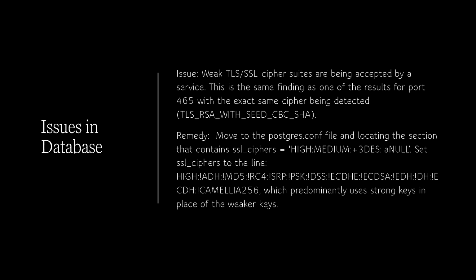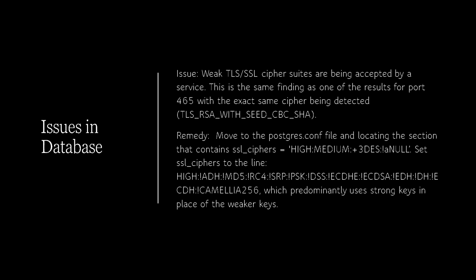We will now be going over the vulnerability issues regarding the database, which is PostgreSQL in this case. Funnily enough, the issue here is the exact same as the second issue regarding Postfix, in that the database is accepting weak TLS cipher suites. It even has the exact same example of a cipher suite being detected.